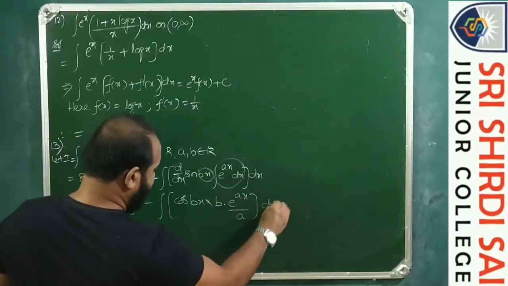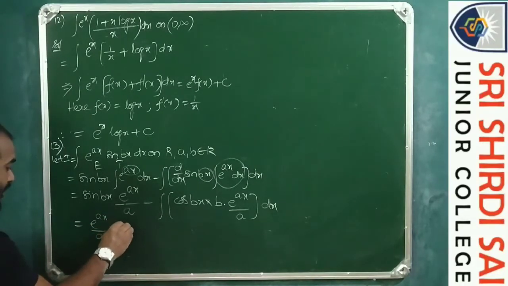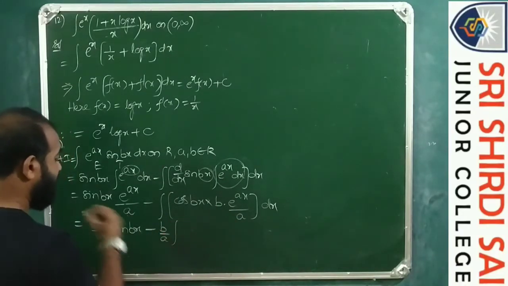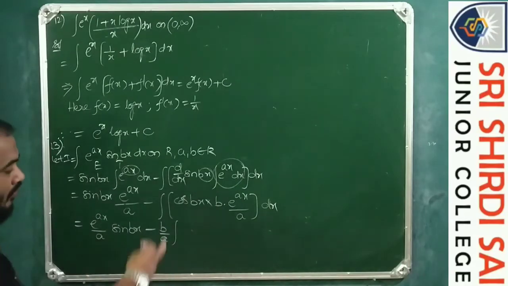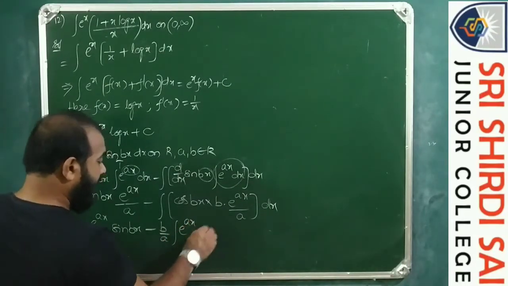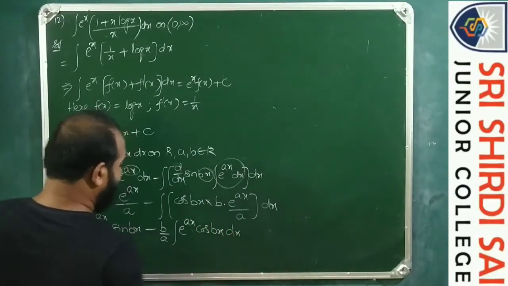This is e power ax by a into sin bx minus. Here b by a is constant, so let us separate it from the process of integration. We will be left with e power ax into cos bx dx.